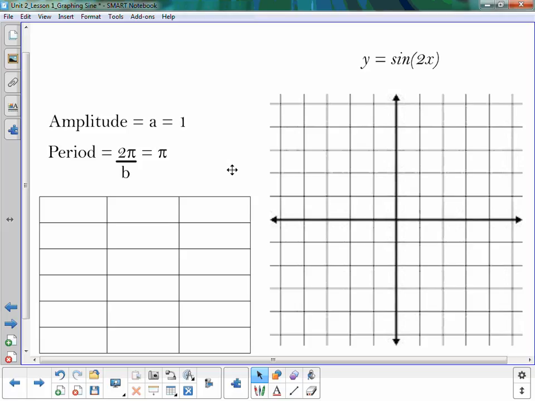And our period changes. We plug in b here, which is 2. Those 2's cancel, and our period is pi now, so it's half as big. So that means we're going to complete one of our curves between 0 and pi.